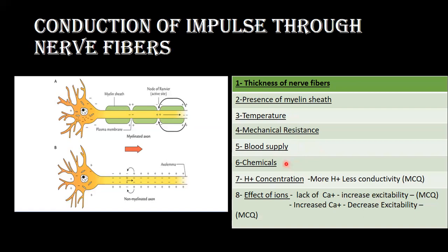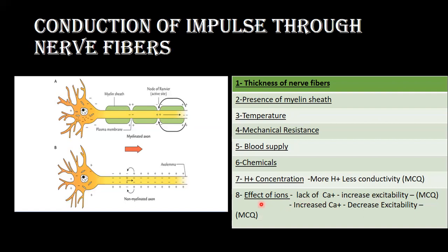Then chemicals, like we have narcotics. We normally say that taking narcotics diminishes the conduction of nerve impulse. Coming to the hydrogen concentration, the more the H plus concentration, the less the conductivity.